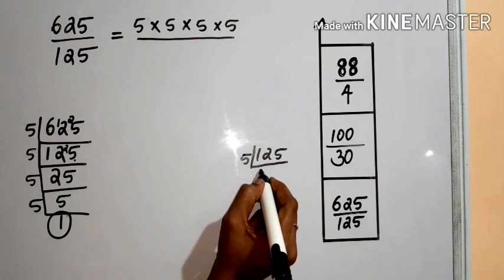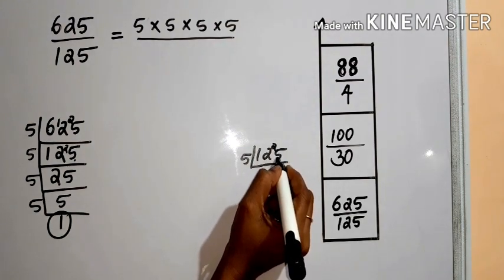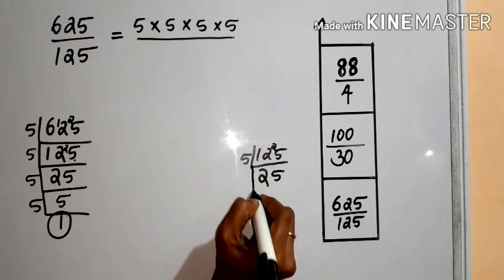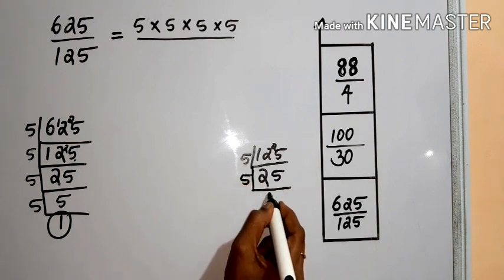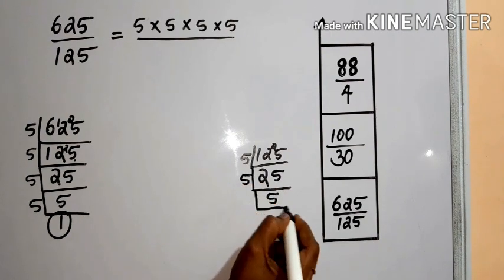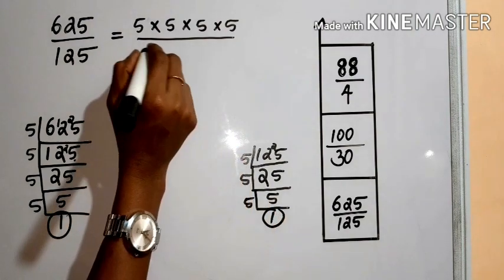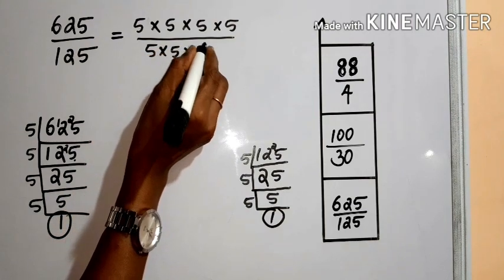From 12 we can take away 2 5s. Then remainder here 2. It becomes 25. From 25, 5 5s we can take. Again an odd number, by 5 possible. Okay. 125 equals 5 into 5 into 5.